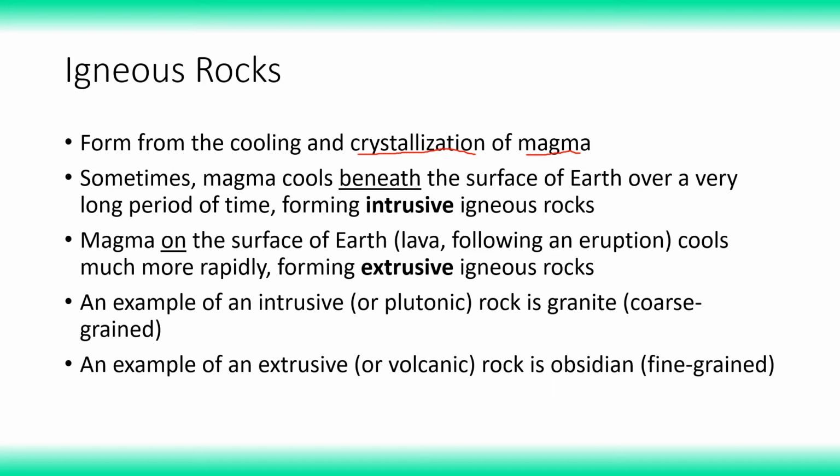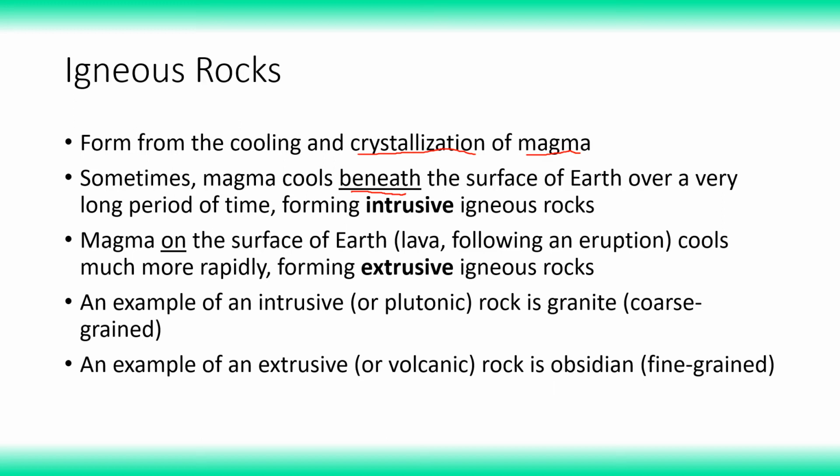Depending on how quickly or slowly the magma cools, that determines the size of those crystals. We'll get to it in the slide, but let's go through these next two points first. Sometimes magma cools beneath the Earth's surface over a very long period of time.